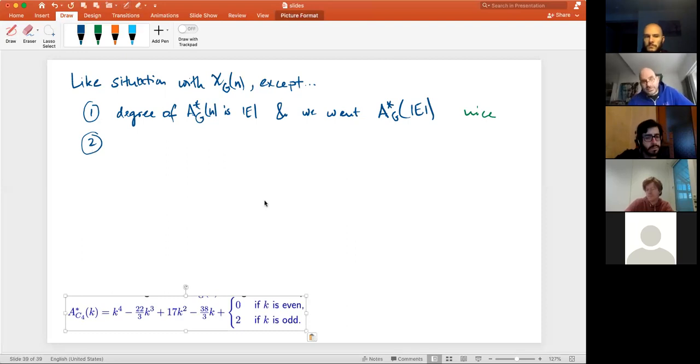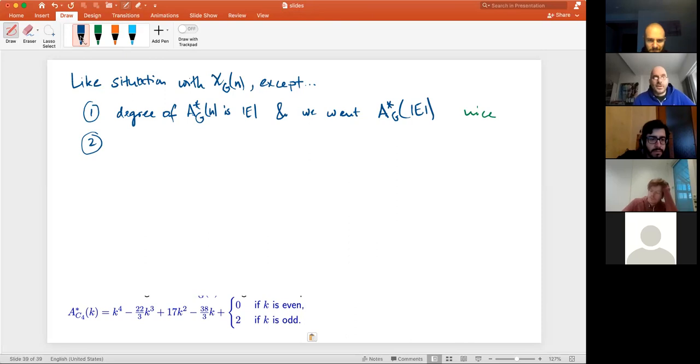And so here's an example. This is for a cycle on 4 nodes, and indeed, you have a quasi-polynomial. Yeah? It doesn't want to write anymore.